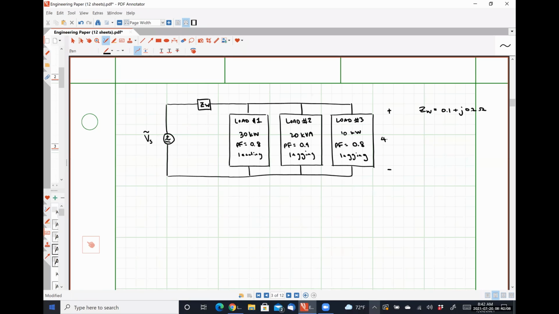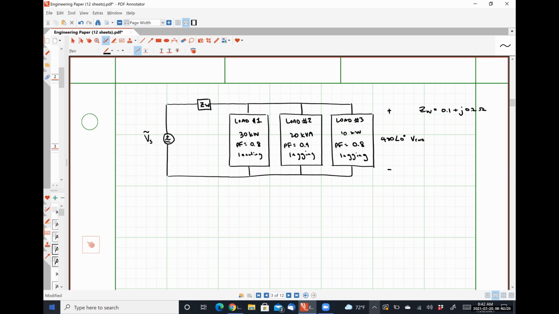that the voltage drop across our loads is 480 volts with a phase angle of 0 degrees, volts RMS.